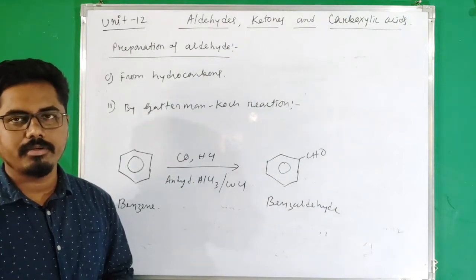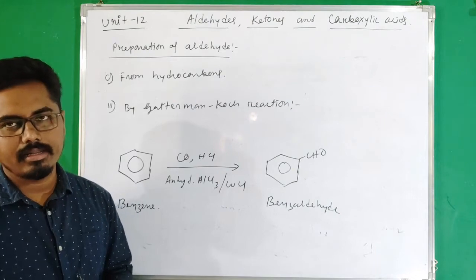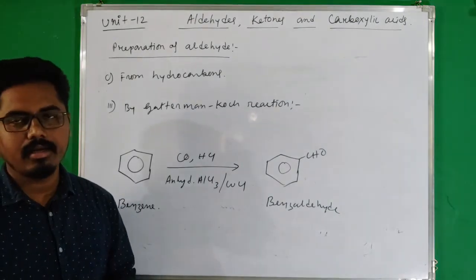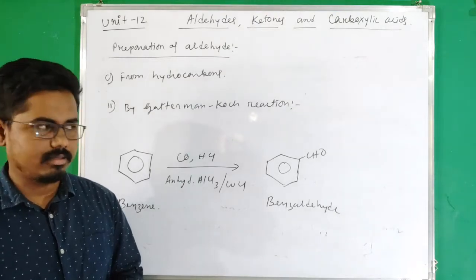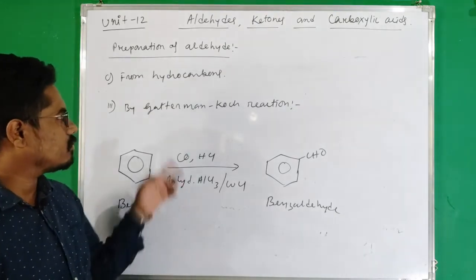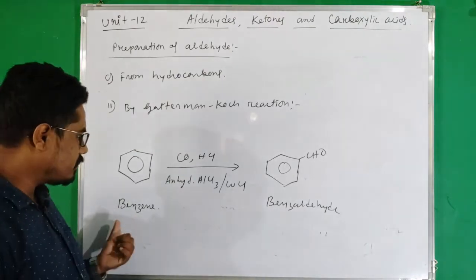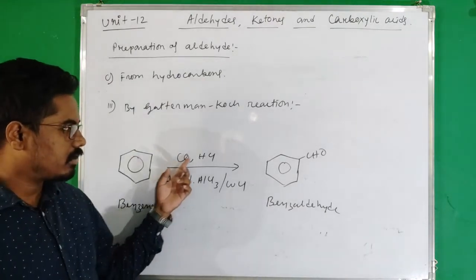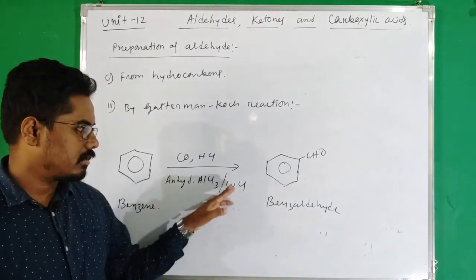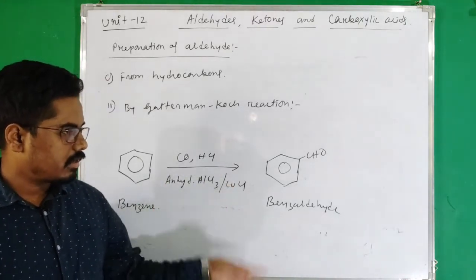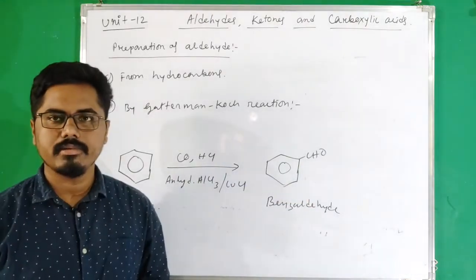At first from toluene by using chromyl chloride and then acid hydrolysis, and again by side chain chlorination and then acid hydrolysis. In the Gattermann-Koch reaction, we prepared benzaldehyde from benzene using carbon monoxide in presence of HCl, anhydrous AlCl3 and CuCl. A very simple reaction, one CHO group will attach to the benzene ring.